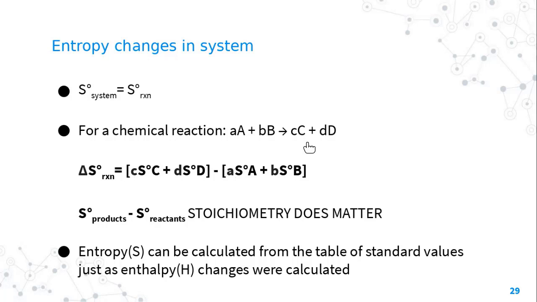It's about the moles more than the concentration, but you need to have their ratios of values definitely correct so that you can multiply the standard state values times those. And then, as I've been mentioning down here, entropy can be calculated from the table of standard values, just as enthalpy changes were calculated before.